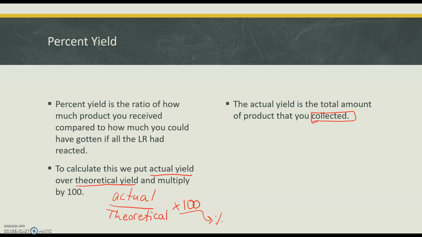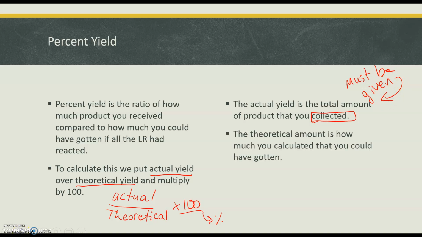This amount must be given to you. Our theoretical yield, however, is how much we calculated that we could have gotten. Now, sometimes this will be given, but not always.